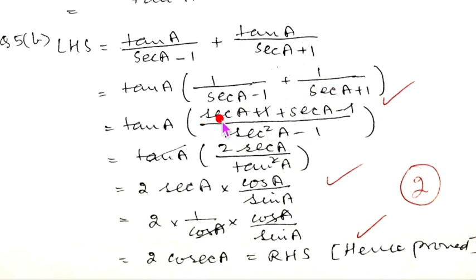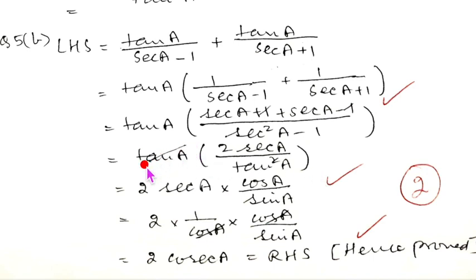Plus, this part will multiply here, so it becomes sec A minus 1. Got that? Now, this minus 1 and this plus 1 get cancelled, and you will have tan A into the bracket, numerator will have 2 sec A upon sec square A minus 1. Remember the identities, that's equal to tan square A. You must know these identities by heart.